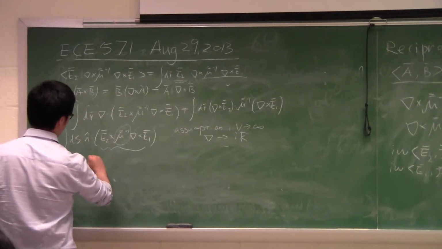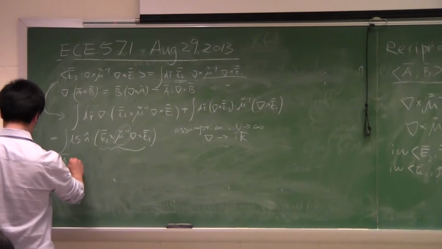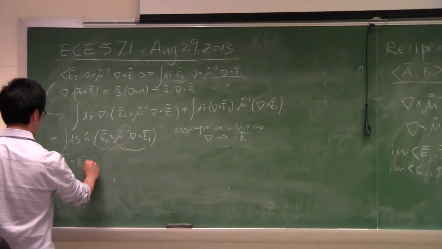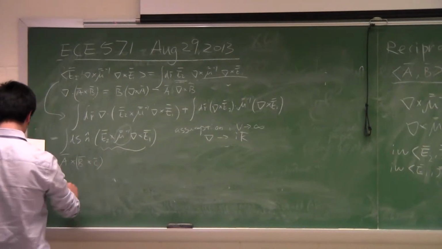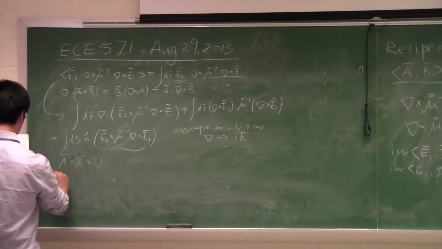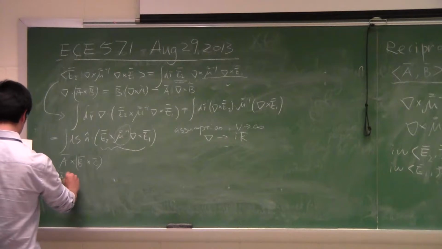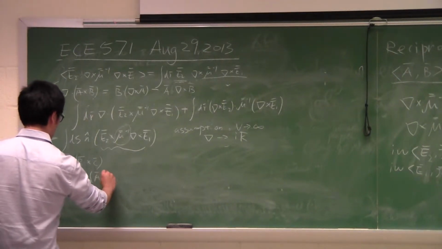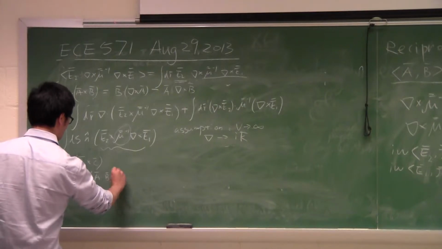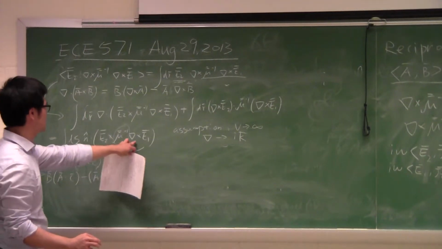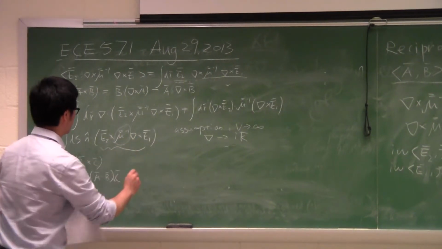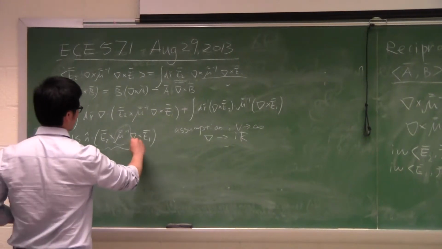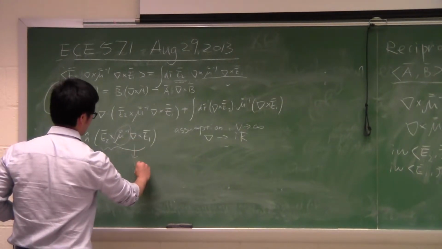So here we will have A cross B cross C, and this will give you B. So we have E2 cross this, which becomes iK, right?